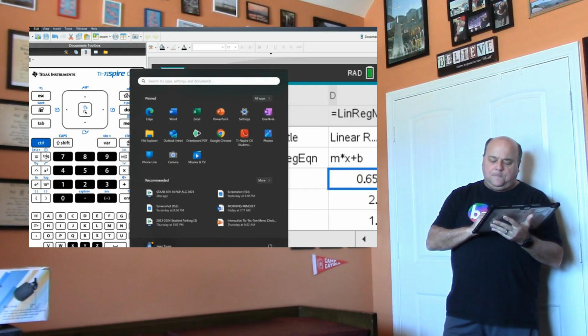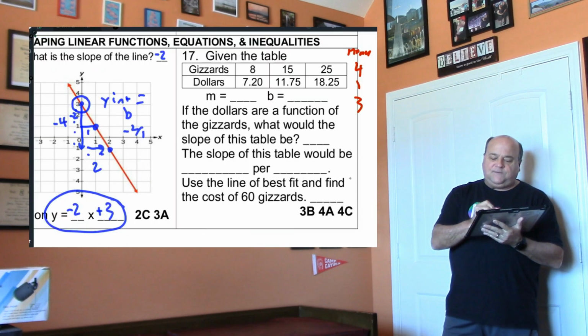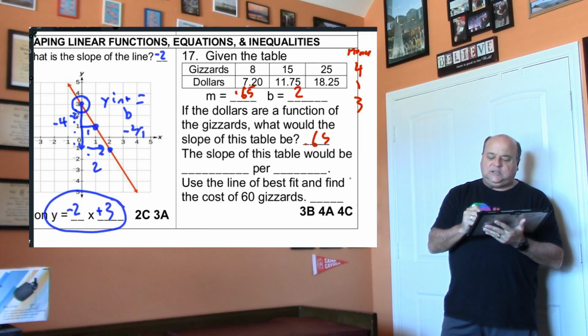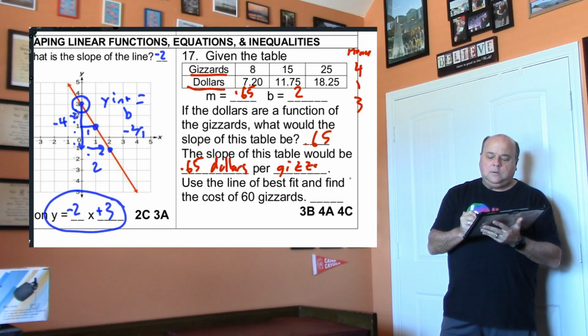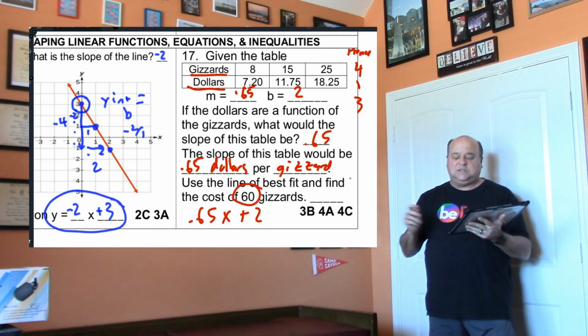So let's go back here. 0.65 and 2. The slope is 0.65, dollars per gizzard. Now the equation would be 0.65x plus 2, and we want to find the cost of 60 gizzards.